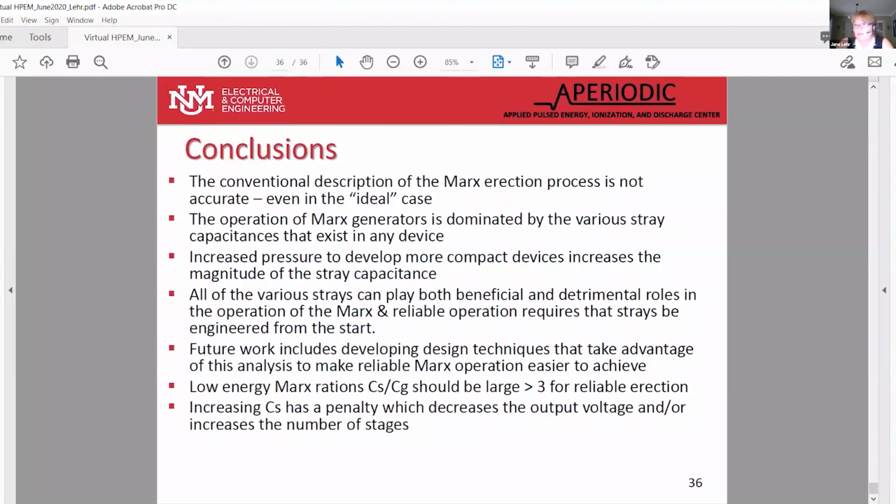And that probably means you need to strategically put in some additional capacitance to fix that.